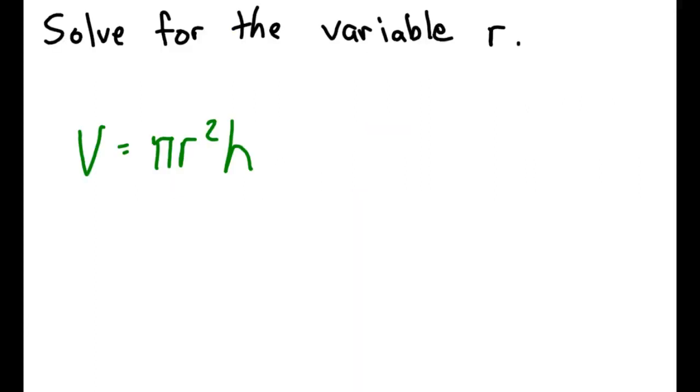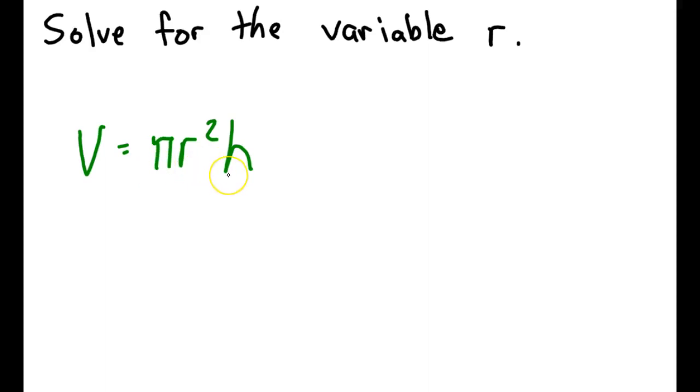The last thing we're going to discuss in this lesson is isolating a variable. So we're going to solve for the variable r in this case. We have volume is equal to pi r squared times h. This is the formula for the volume of a cylinder. Okay, a right cylinder. So if I want to isolate and solve for r, I need to move the pi and the height to the other side.